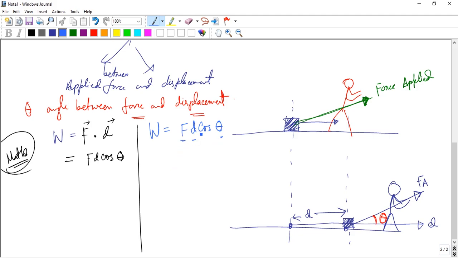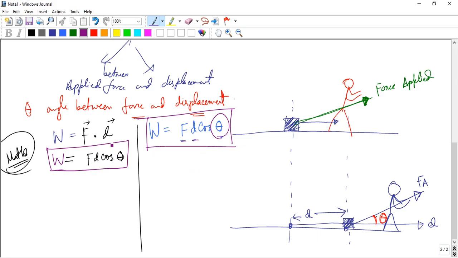Finally we get work done equal to F d cos theta, which mathematics says is a dot product.